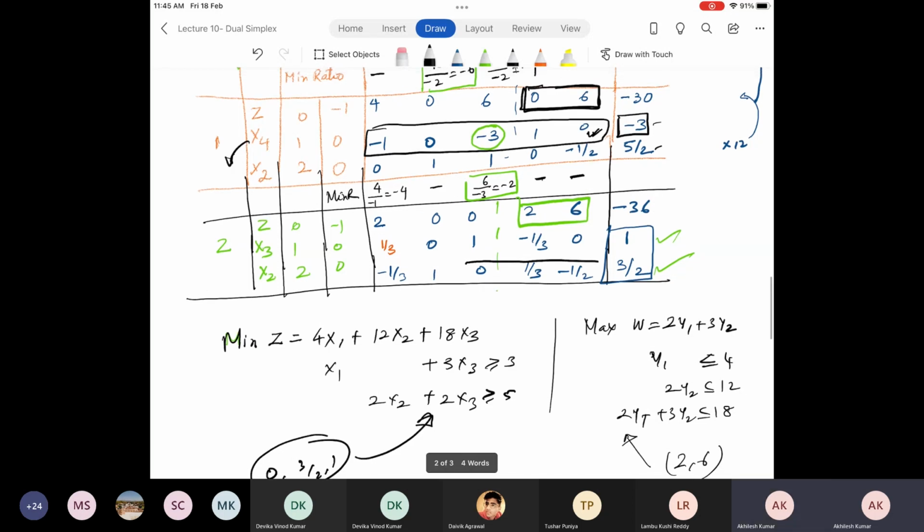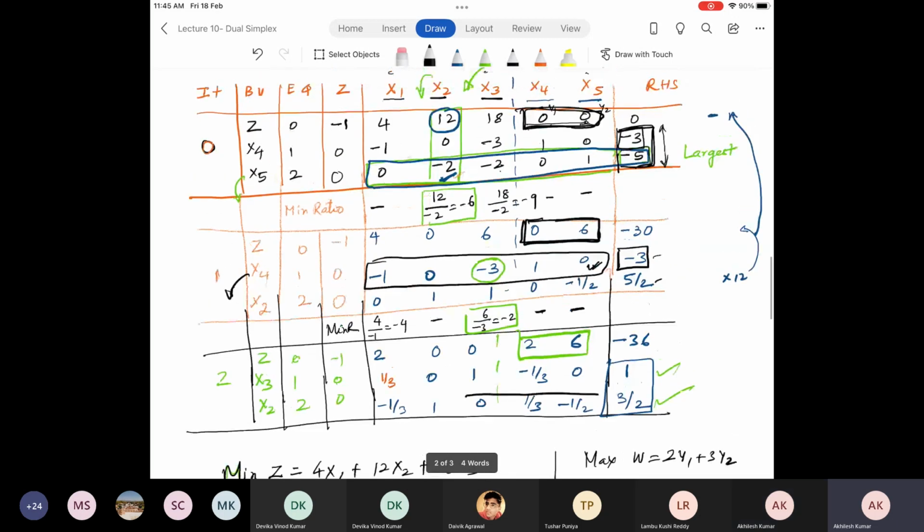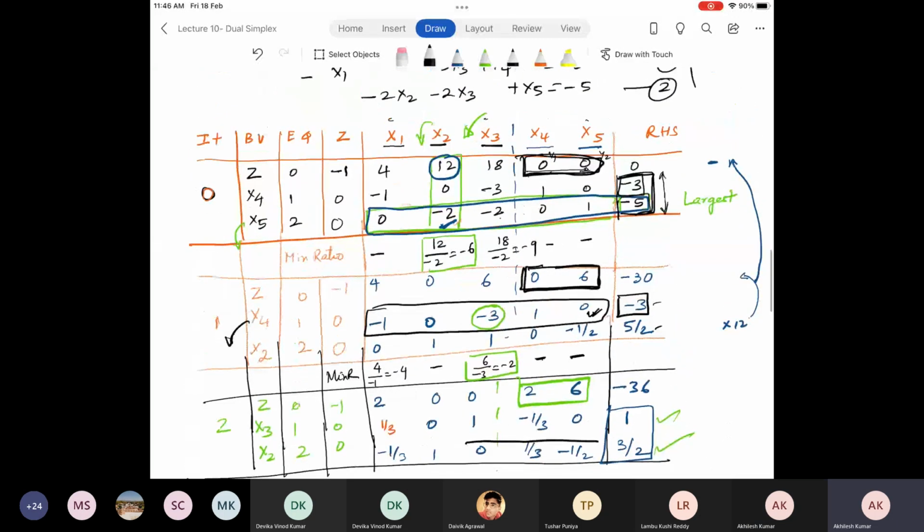So any question in dual simplex algorithm? So what is the benefit of the dual simplex algorithm? If the sign is greater than equal to and the RHS is negative, you can proceed.